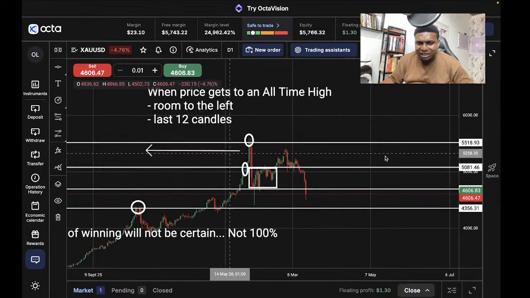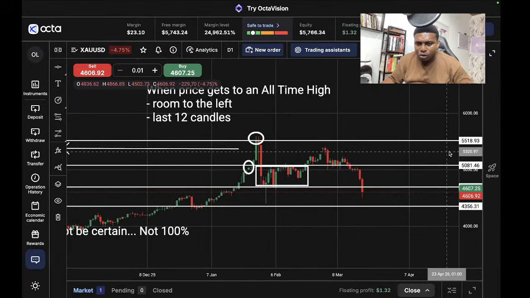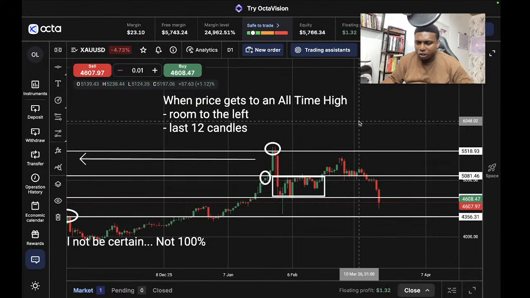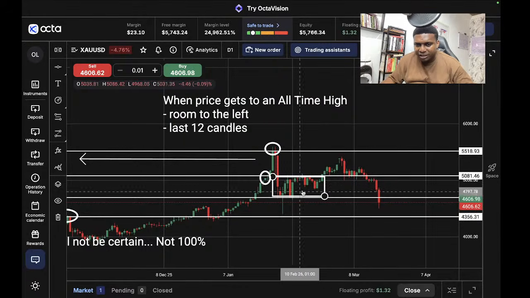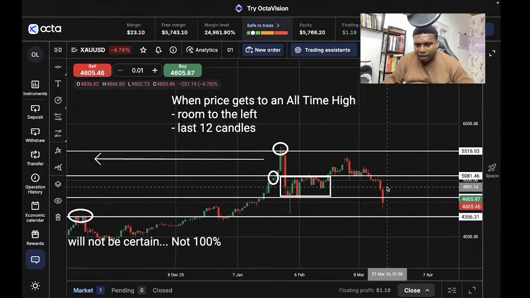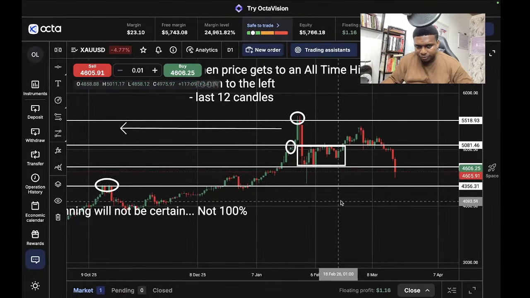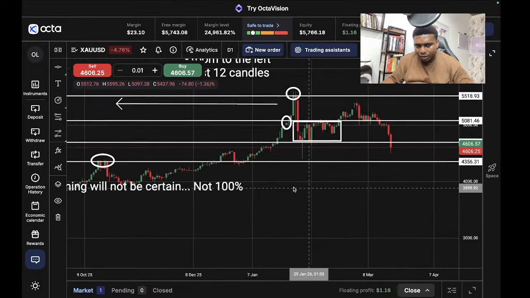If there are no candles there, short the market. At that point, I recommended shorting the market. So you can see how price came up, and now price has come down to our level of prediction.